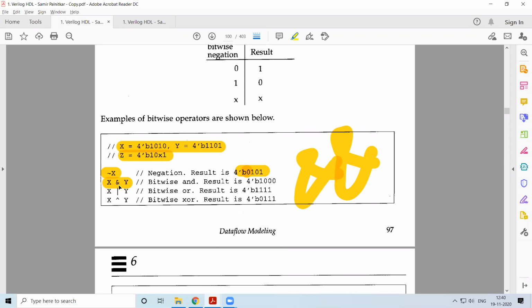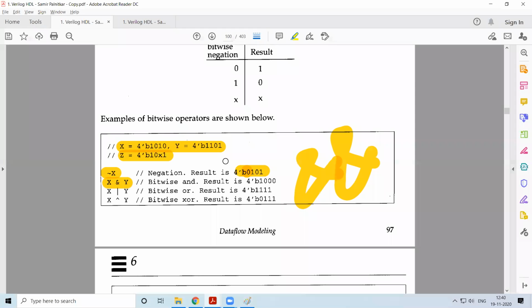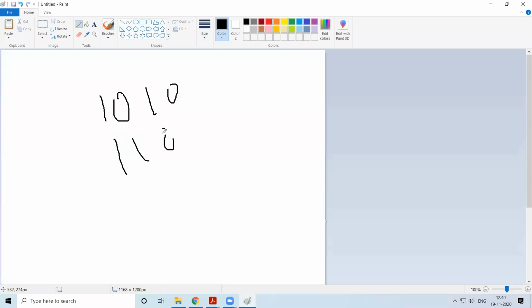So here the operation is ANDing. What happens in this case? It is 1010 and the other number is 1101.